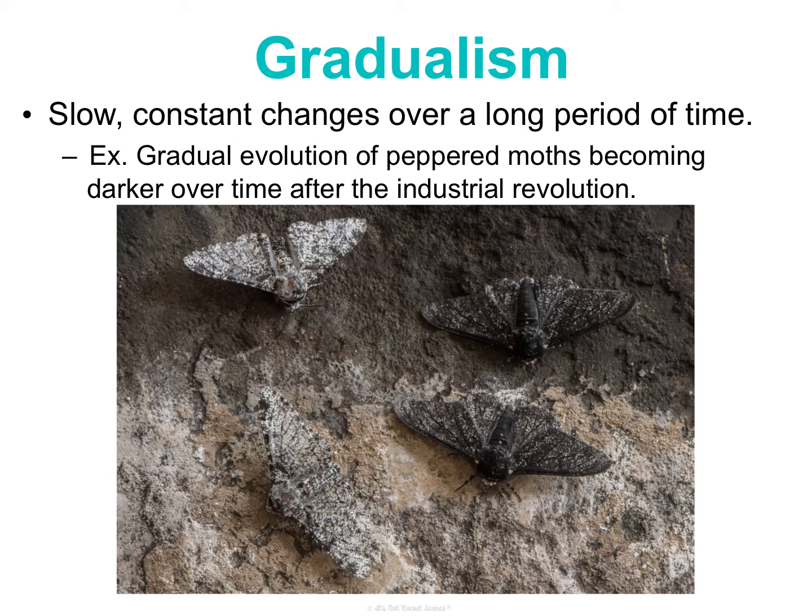And so now the pale moths had nothing to camouflage against the background of the trees, and so now they were likely to be eaten. And as a result, over several generations, the black moths started to outnumber the pale moths as they were better camouflaged.